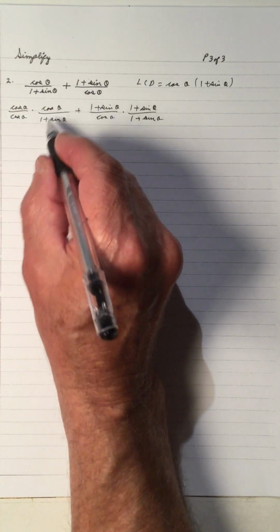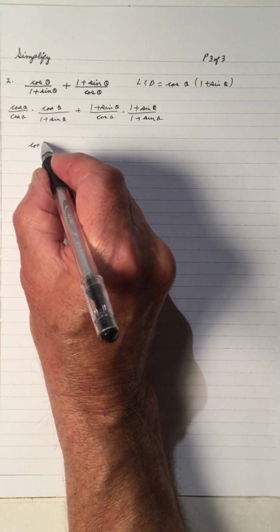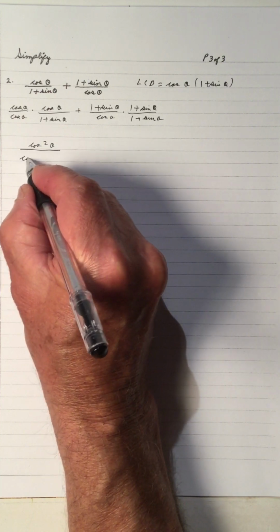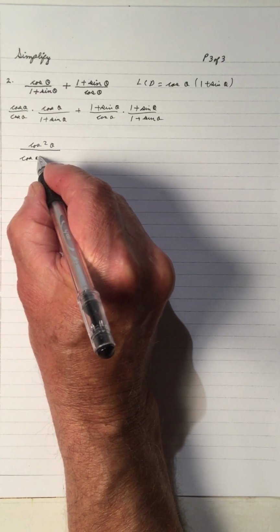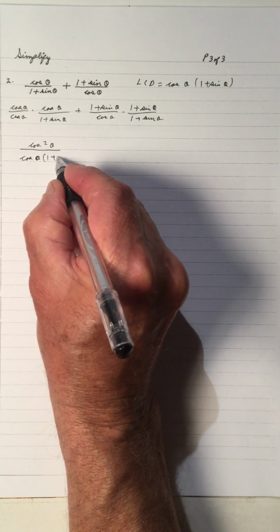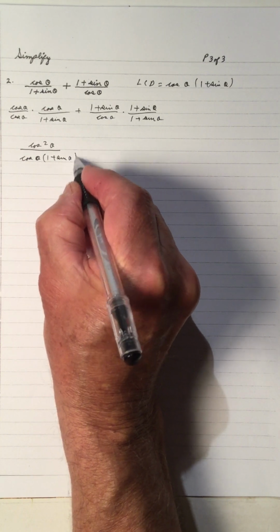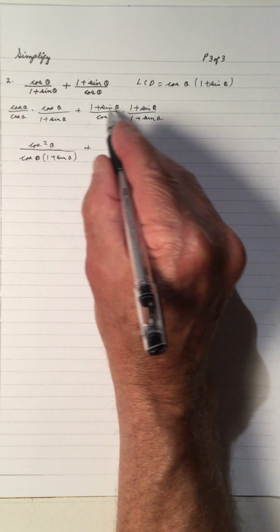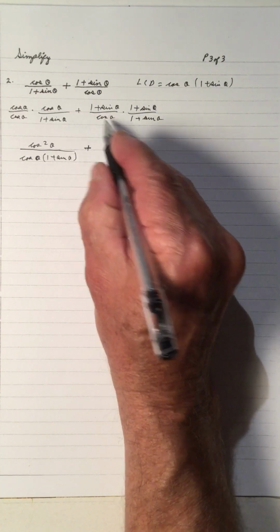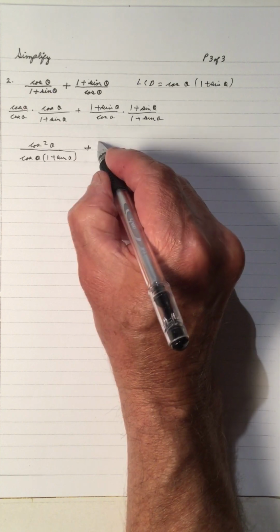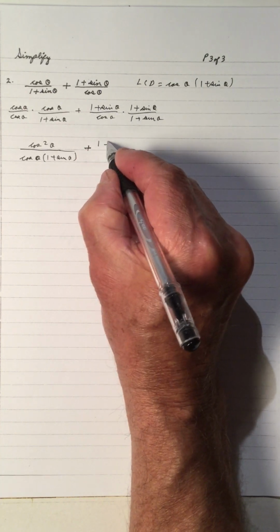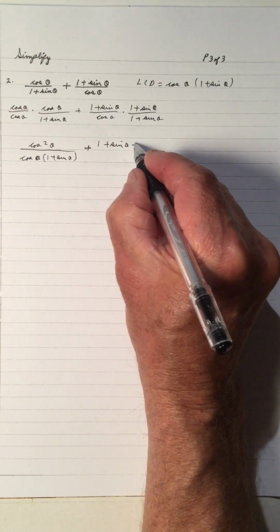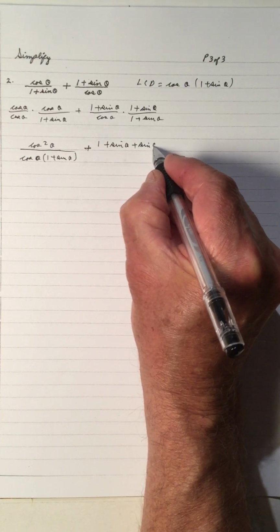So multiply the numerators. We get cos squared theta all over the common denominator. And we multiply these two. We can do FOIL or we're squaring. So let's do FOIL. 1 times 1 is 1. 1 times sine, sine theta. Sine times 1, sine theta.